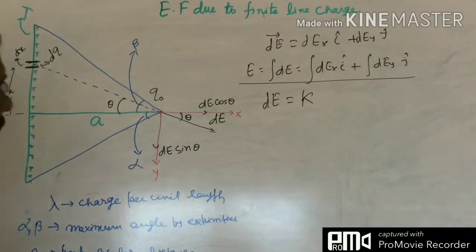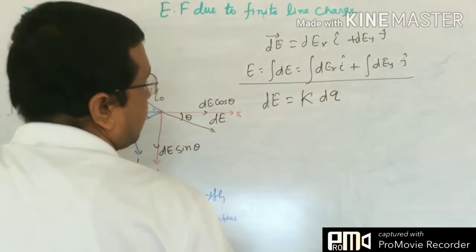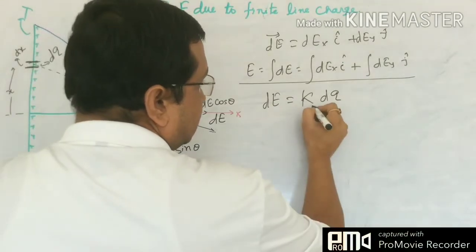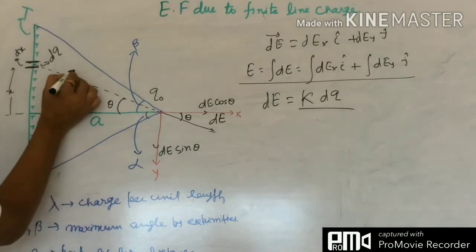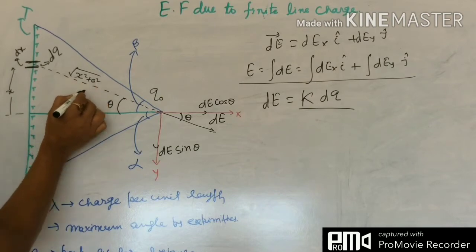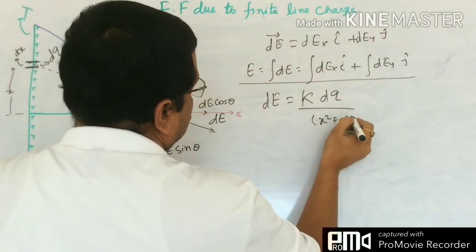What is r square? This is x, this is a. So r is under root x square plus a square, so r square is x square plus a square.